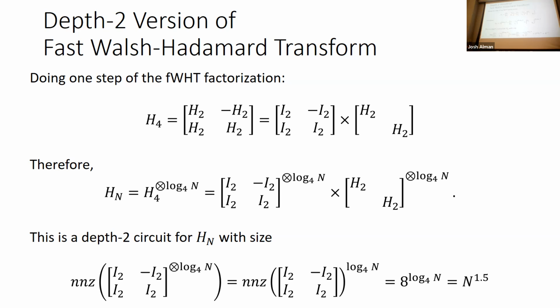So this gives a circuit where for both of the matrices, the number of non-zero entries is 8 to the power of log base 4 of n, which is n to the power of 1.5. So just taking this fixed construction for the 4x4 matrix and then Kronecker powering both sides gives you a size n to the 1.5 depth 2 circuit.